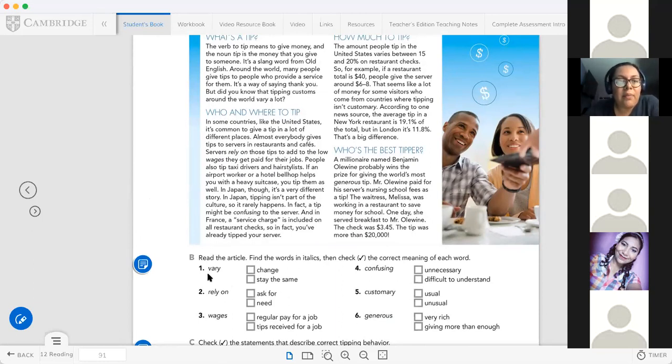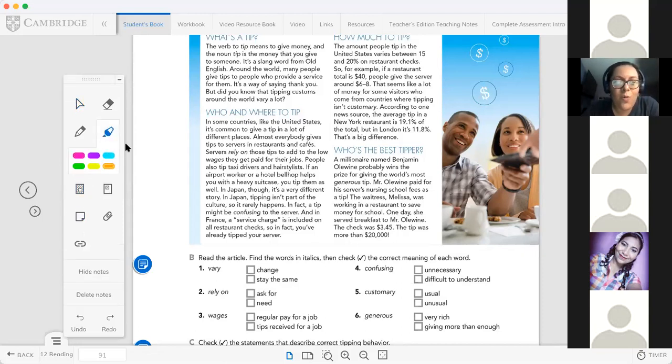So the first one, vary. What do you think vary means? Change or stay the same? What would that be? Vary. Babies, what do you think that means? Se las voy a subrayar en el texto para que la ubiquen.